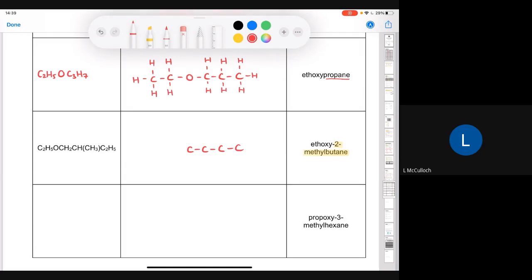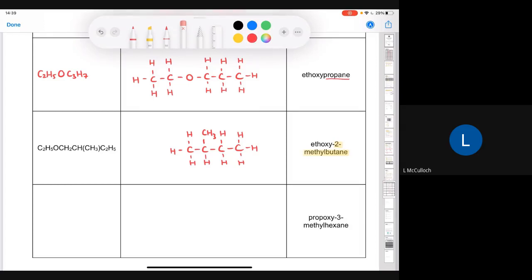I'm actually just going to draw out 2-methylbutane in its entirety, and then I'll erase one of the hydrogens for our alkoxy branch. Right, so that's our 2-methylbutane.